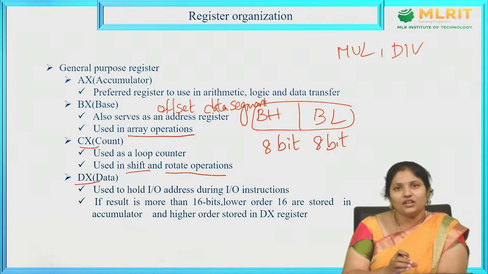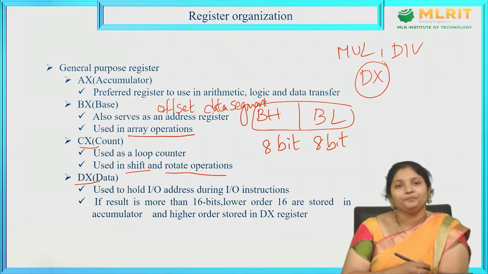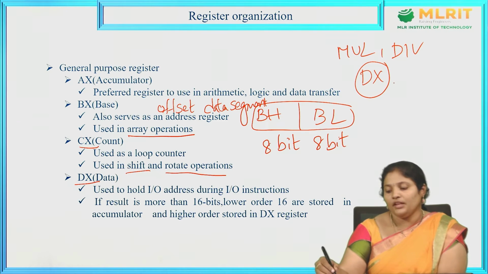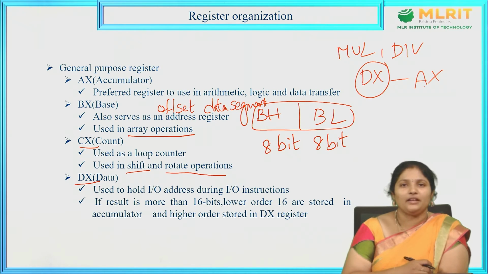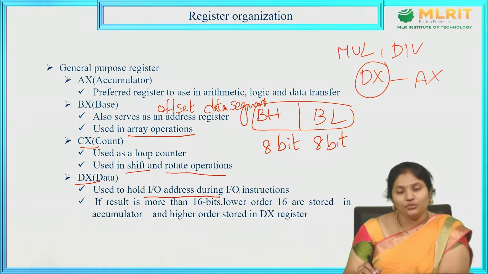In division also we have two outputs, one is the remainder and one is the quotient. To store such two outputs, the DX register is used as an output register along with AX, only for multiplication and division operations. In most cases it is also used to hold input-output addresses during input-output instructions.